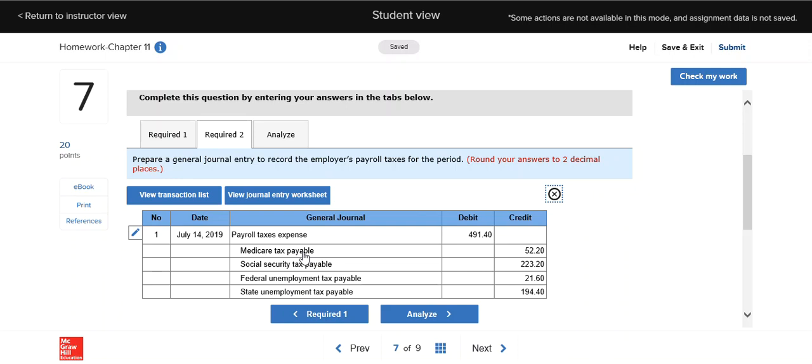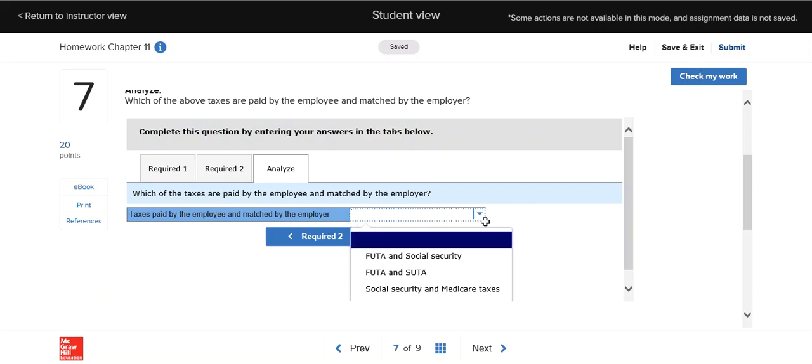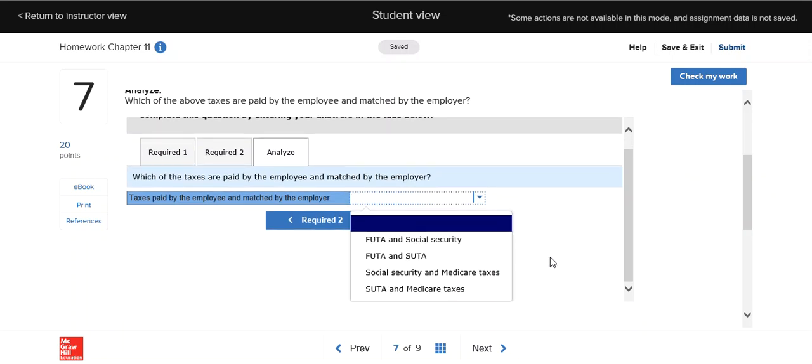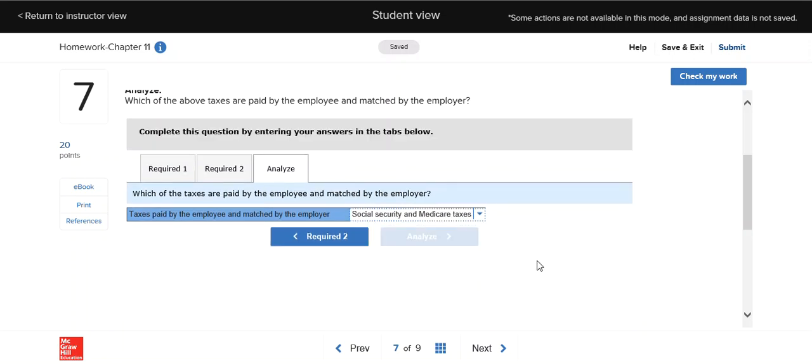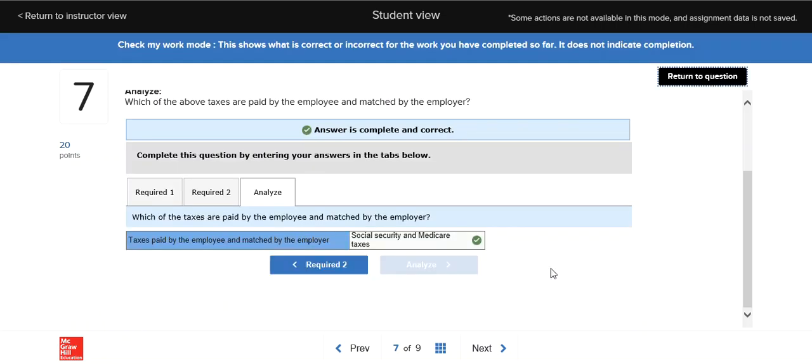So $275.40 was the total for Social Security and Medicare. And that's the total that both parties each pay. Oh, it didn't ask for the amount. Well, I did work for nothing. Oh, Social Security and Medicare taxes. Let's try that. That's the two that are paid by both. All right. So it should look like that.